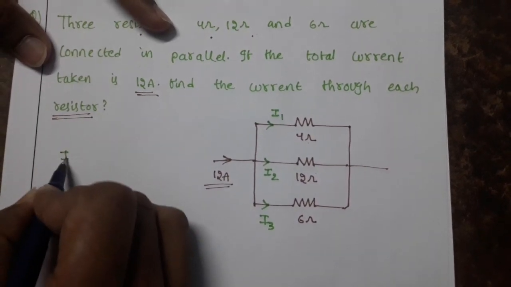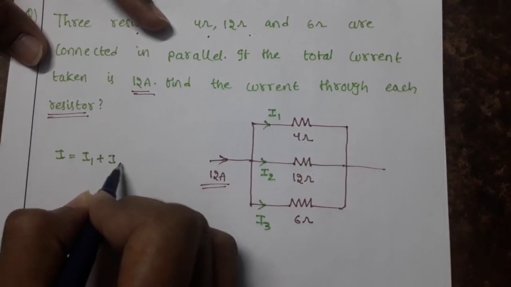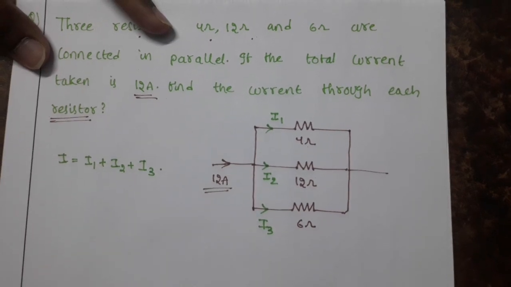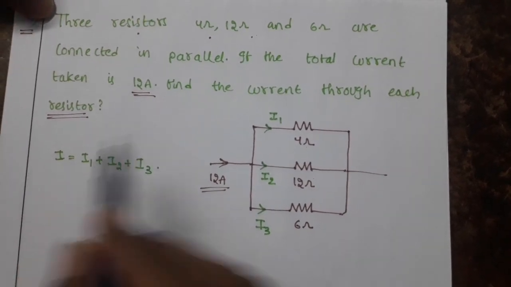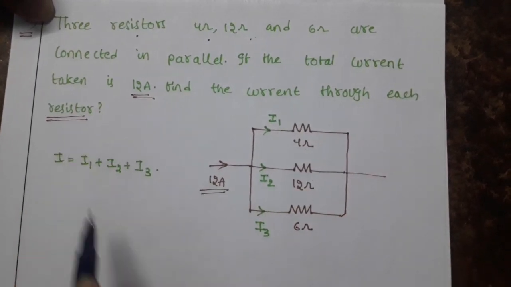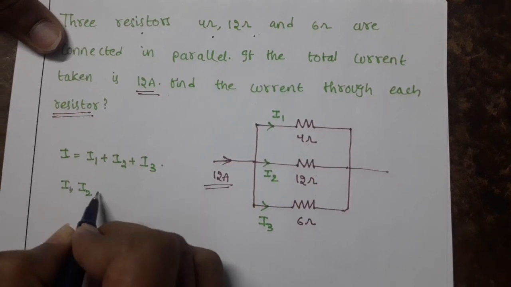Total current should be equivalent to I1 plus I2 plus I3. We have to find the current through each resistance, that is, I1, I2 and I3.